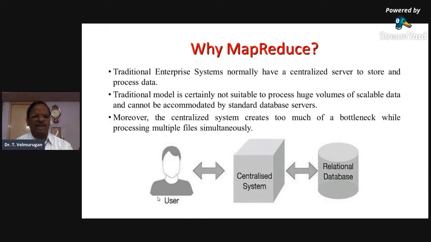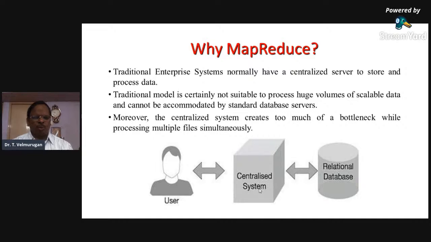Definitely not possible. This is a centralized system, where a single server holds information based on relational databases, which is not easy to process quickly.